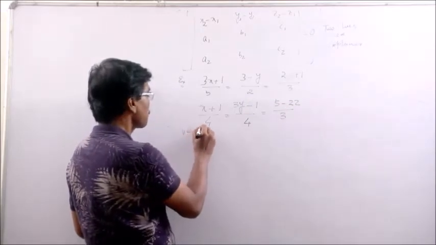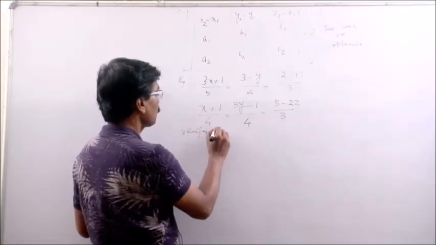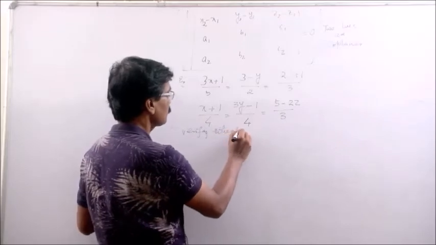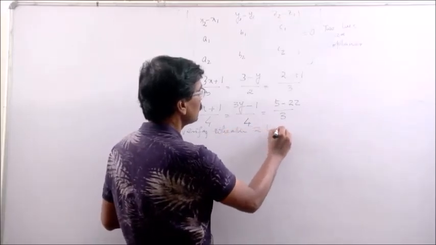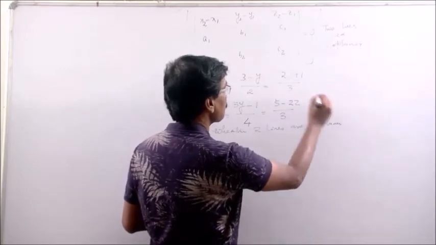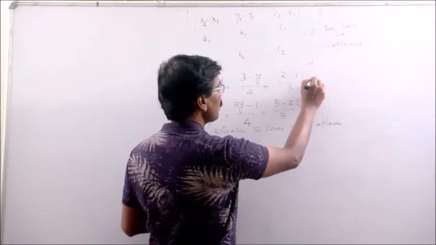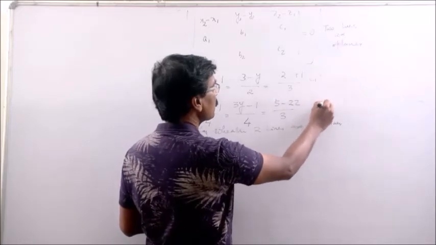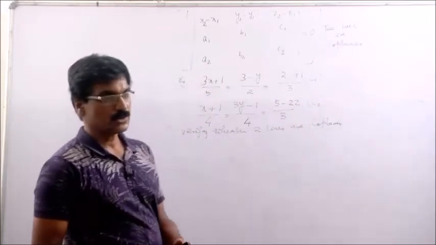Verify whether the two lines are coplanar. Suppose this is line L1 and this is line L2. So how do we check whether these two lines are coplanar?